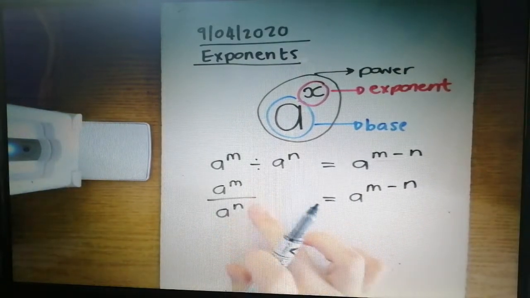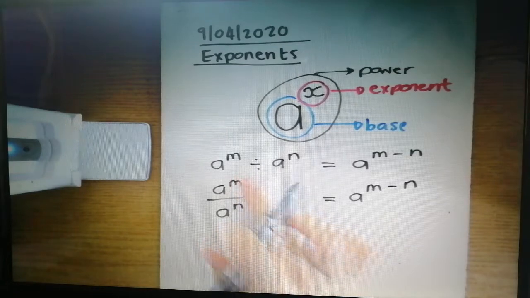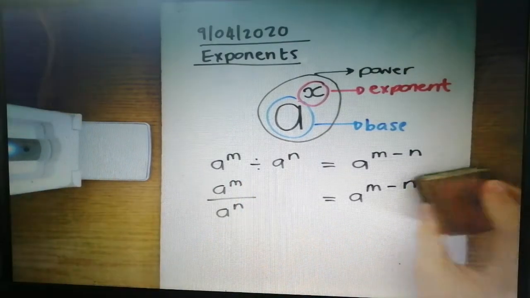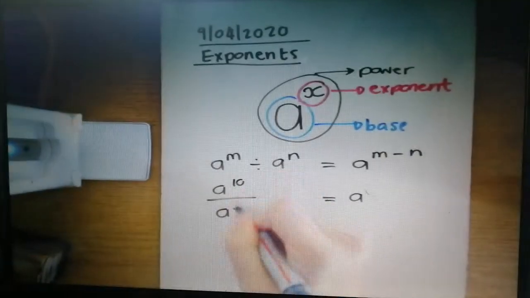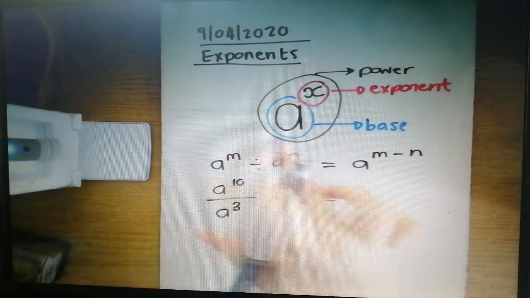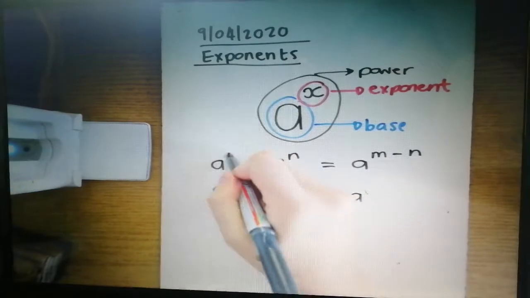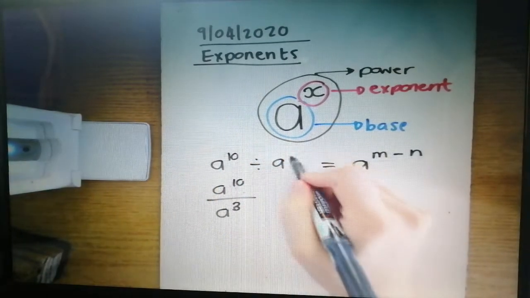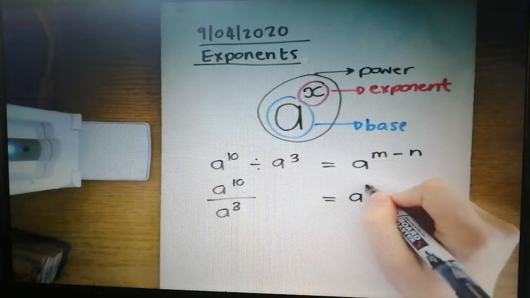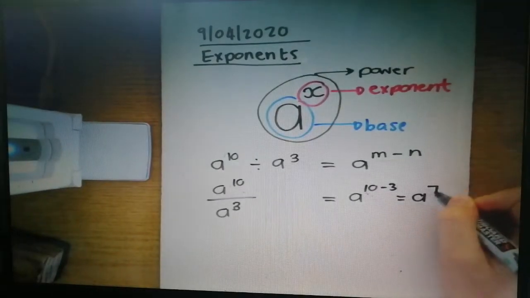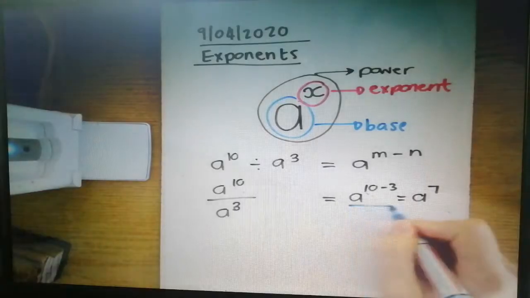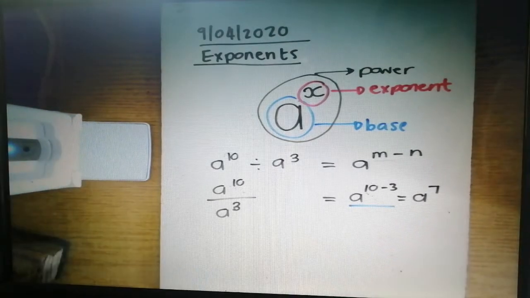So let's have a proper example very quickly. If it looked like this, a to the power of 10 over a to the power of 3. If it was linear, it would look like this, a to the power of 10 and a to the power of 3. But what will we do? 10 minus 3 gives me a to the power of 7. This step is frivolous. You don't have to put it in. This would be your final answer.